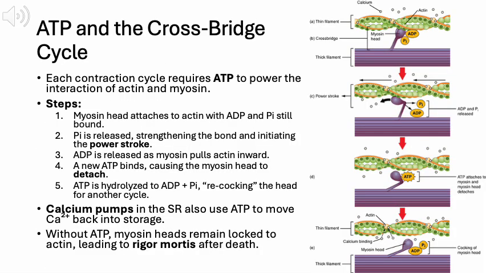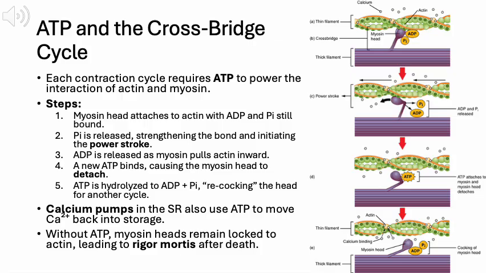ATP plays a central role in contraction. When a myosin head binds actin, it still carries ADP and phosphate. The release of phosphate strengthens the bond and initiates the power stroke, pulling actin inward. ADP is released, and then a new ATP molecule binds, causing myosin to detach.